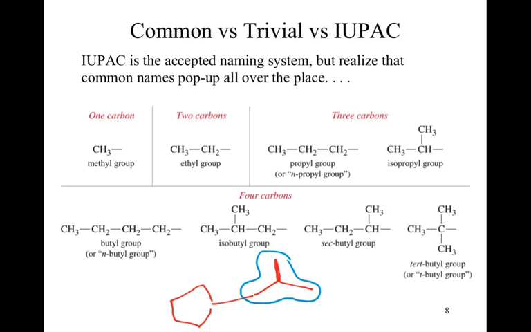If we go through and look, we should find that what we are looking at in that case is the isobutyl group. So we could have called that structure isobutyl cyclopentane. The isobutyl name you may see pop up.